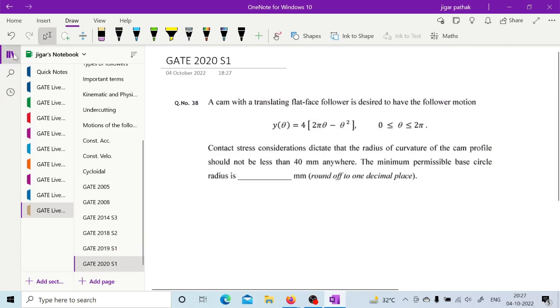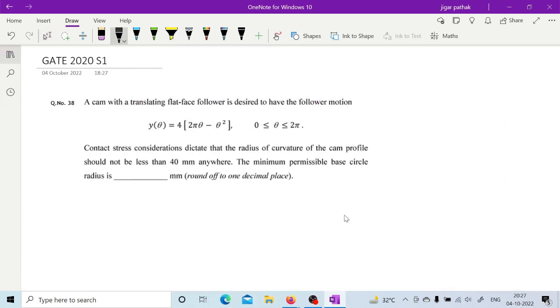So the next is from GATE 2020. Here a cam with a translating flat face follower is desired to have the follower motion y theta equal to 4 into 2 pi theta minus theta square when theta lies between 0 to pi. Contact considerations dictate that the radius of curvature of the cam profile should not be less than 40 mm anywhere. The minimum permissible base circle radius is what you need to calculate.